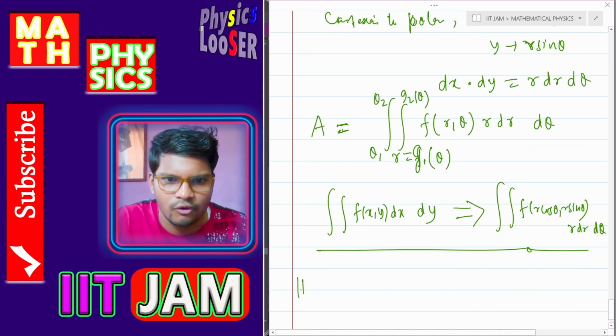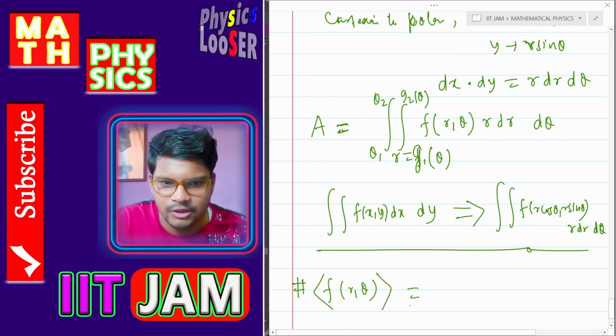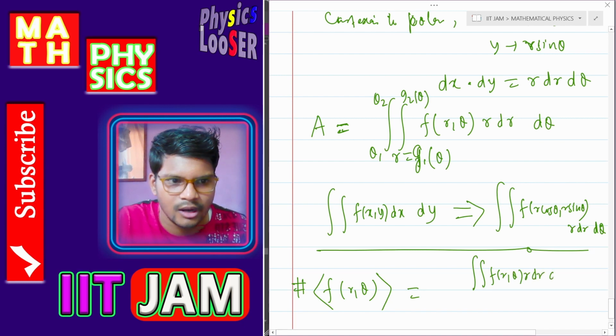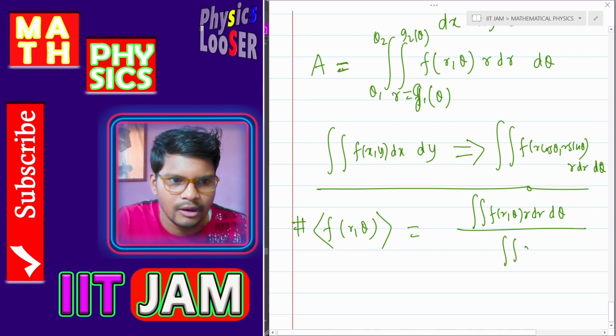And in case of f of r comma theta, I can easily find the average value of this function just by doing the integral of f of r theta, r dr d theta over the region r dr d theta.